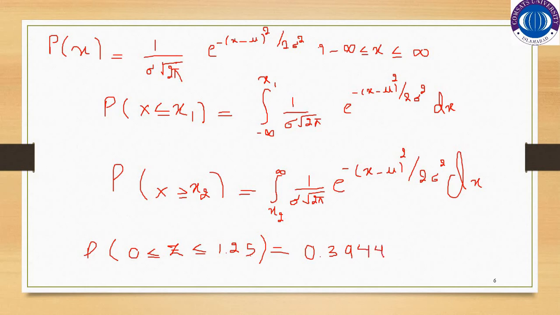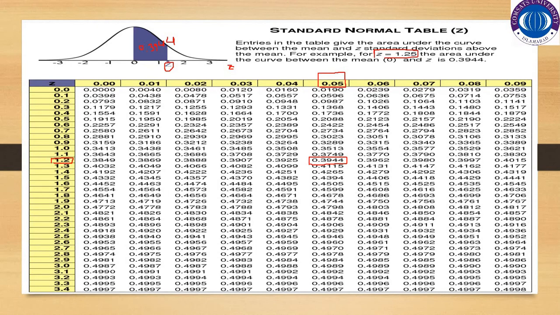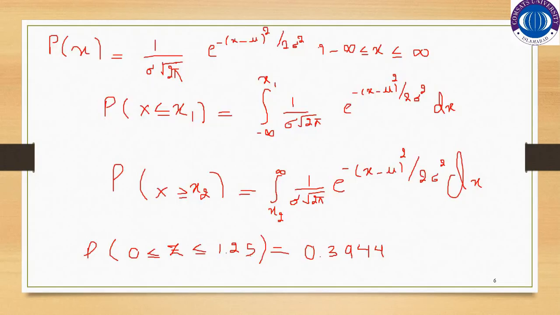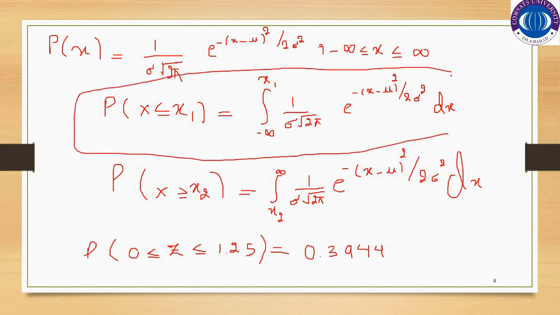0.3944. So this is the easier way to find out the probability between 2 points for the standard normal distribution, and it benefits you in this way that it will give you the freedom from calculating this ambiguous thing, which is obviously difficult.